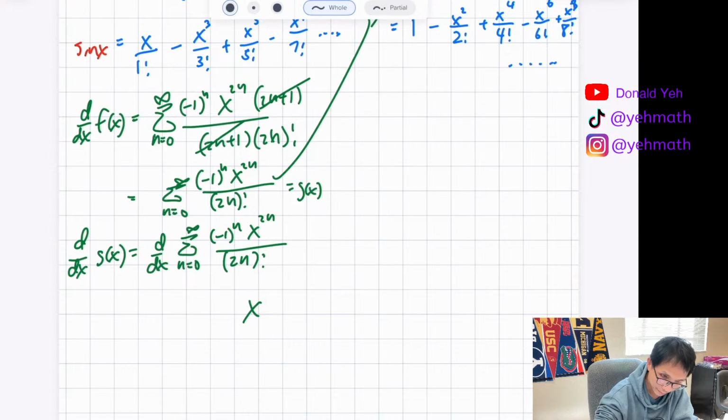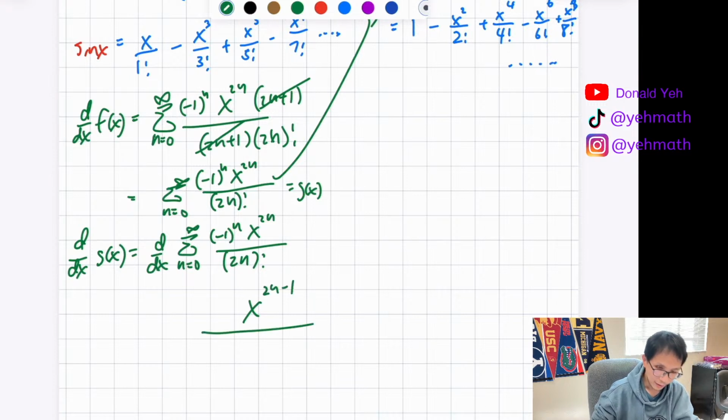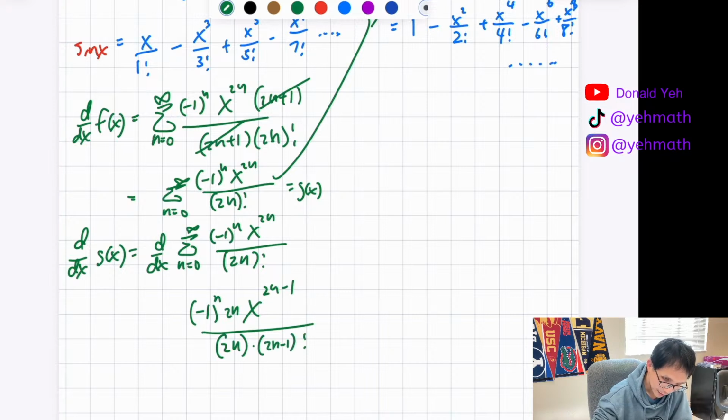The 2n cancel out, right? Negative 1 to the n, and this is 2n, and this is 2n, times 2n minus 1 factorial.